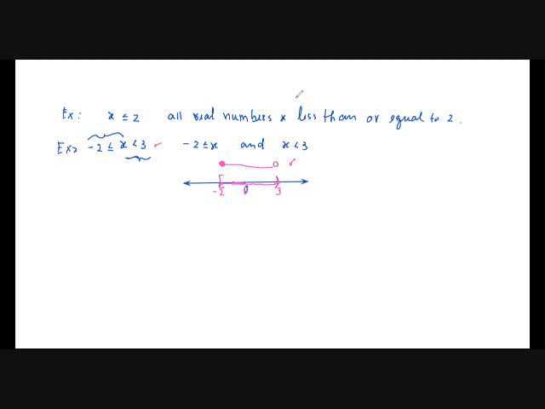For example 1 here, once you know how we represent this on the graph: if x is less than or equal to 2, how do you draw the graph on the number line?